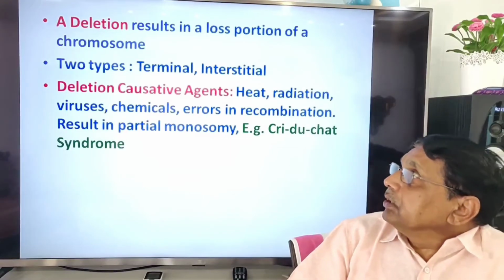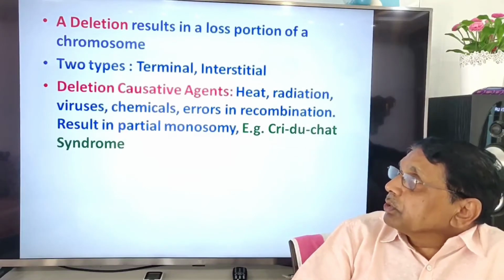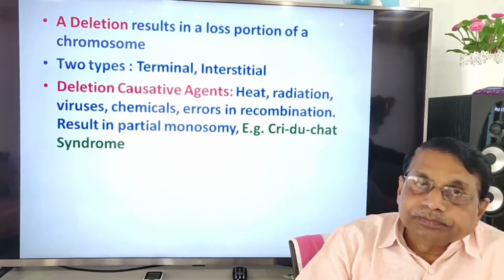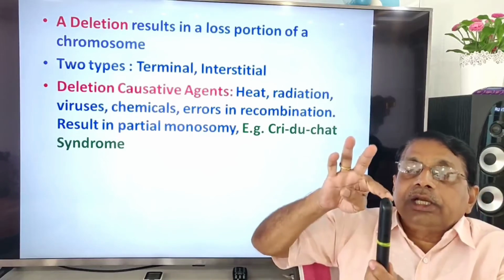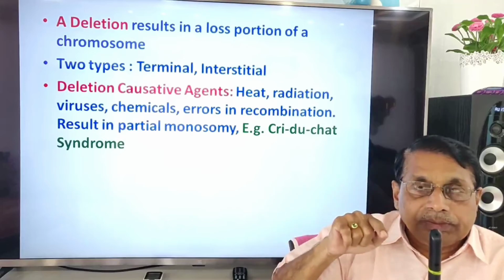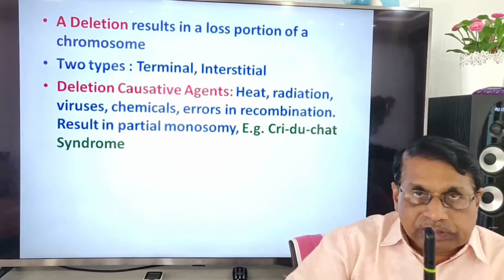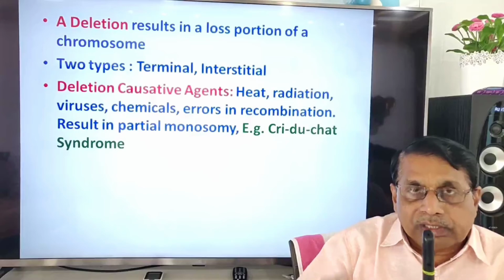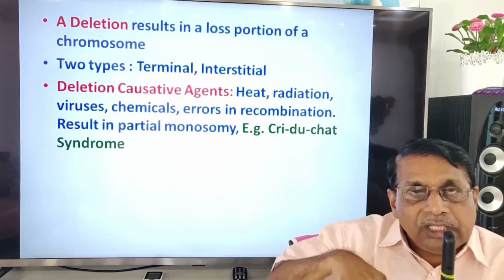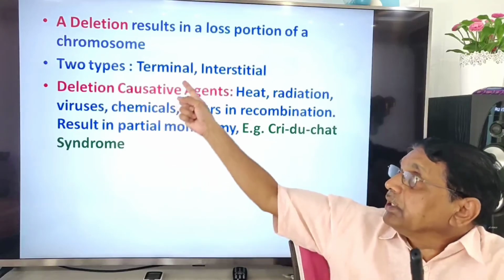Deletion, loss of a portion of a chromosome, two types, terminal and interstitial. The deletion may occur at the tip. For example, A, B, C, D. A, B is lost, terminal part is lost. For example, A, B, C, D, E, F. A, B, E, F. The C, D part is lost, that is interstitial.